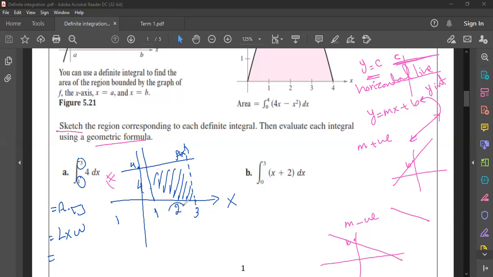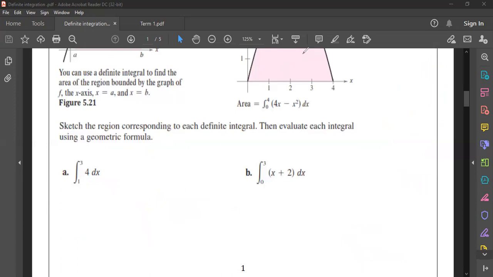What is the difference between them? So the two dimensions of this rectangle are 4 and 2, multiplied, it will be 8. So the value of this definite integral equals 8. I think it's too easy.